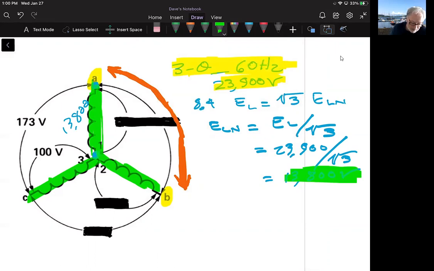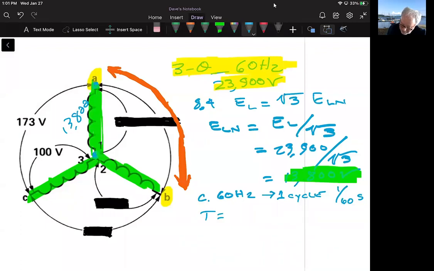The next one says, what is the time interval between the positive peak of phase A and the positive peak of phase B? Okay, so a little thought process here. Let's think through this for just a second. If something is occurring at 60 hertz, that would tell us that one cycle would be 1/60th of a second.